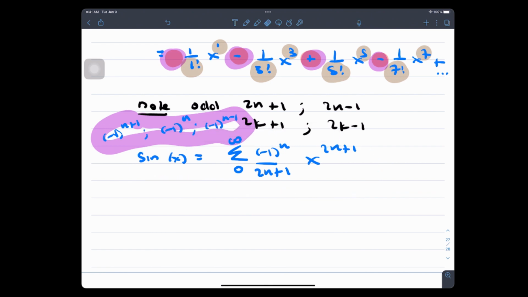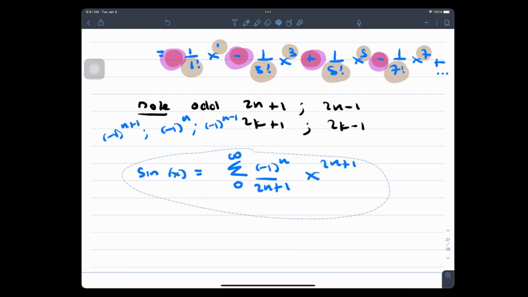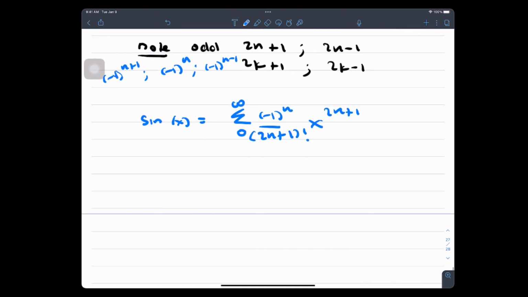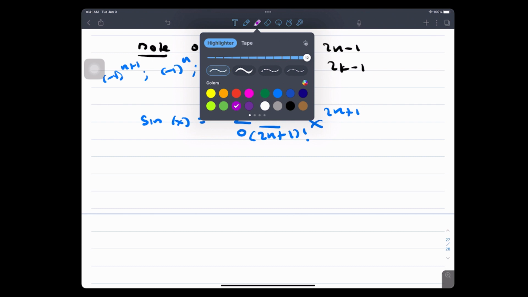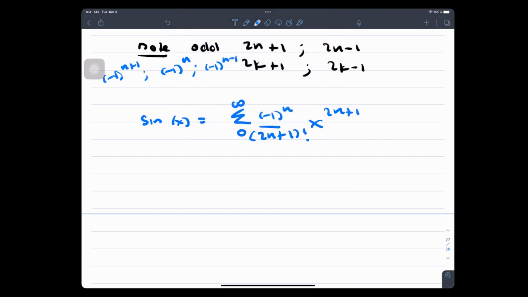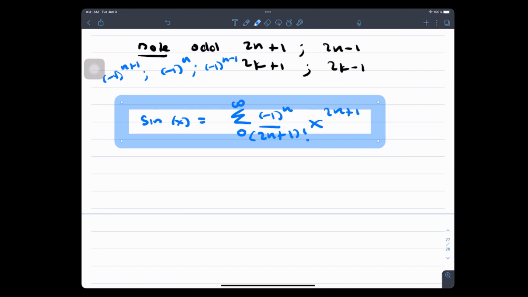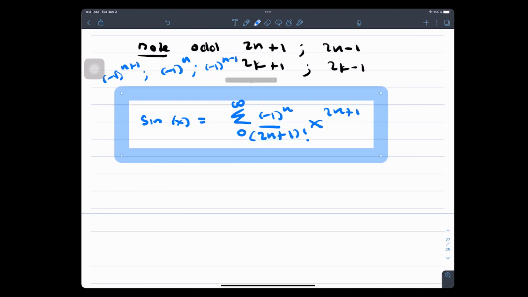And I guess I have to erase this here. Yeah, factorial. I apologize. Don't forget to put the factorial there. Good. Okay, good job. So this is how they get the power series expansion for a sine, by the way.